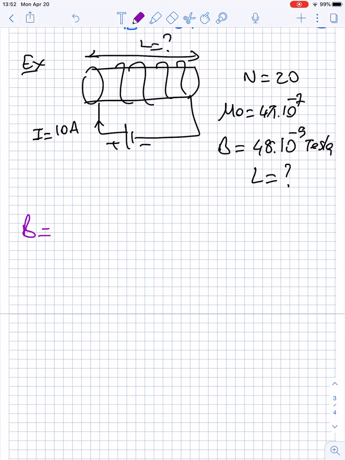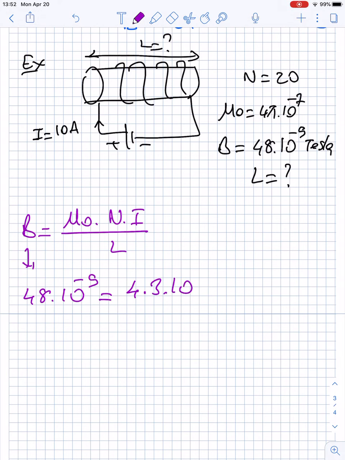Okay, our magnetic field formula for a solenoid: B equals mu 0 N I over L. B we know is 48 times 10 to the power minus 5, and mu 0 is 4 times 3 times 10 to the power minus 7. N is 20, current is 10 ampere, over L, which we don't know.